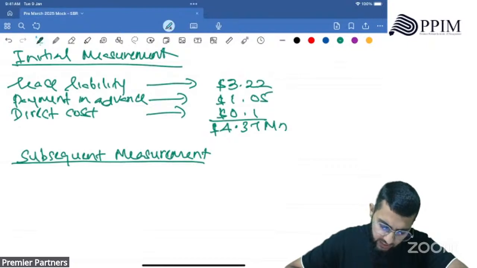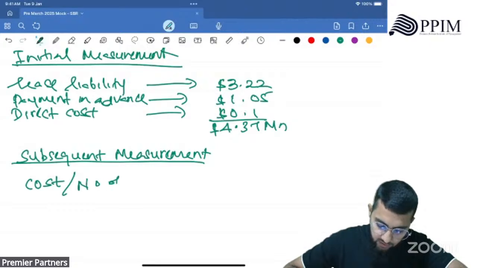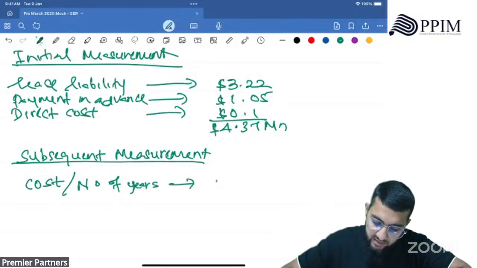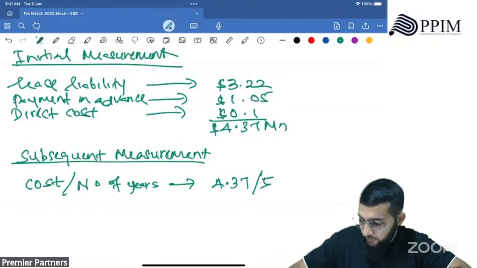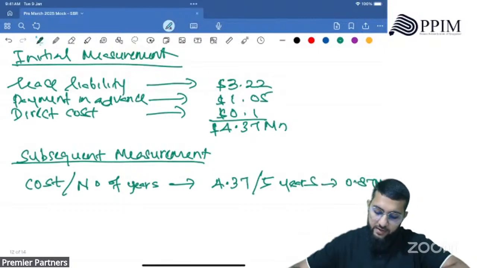Depreciation is going to be cost over the number of years. In this case, I'm not mentioning useful life or lease term because we know it's shorter, which in this case is 4.37 over 5 years. That is 0.87 million. Right?